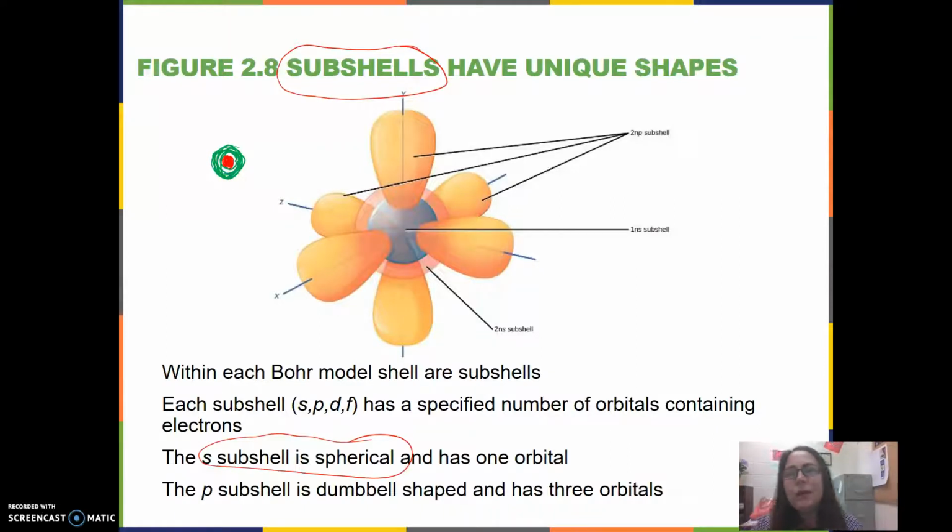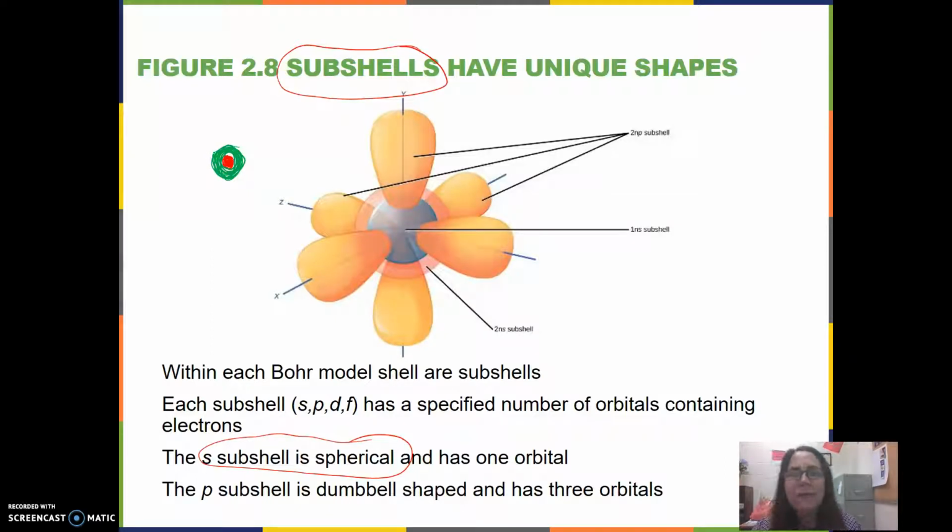An electron is not going to orbit around the nucleus like planets orbit the sun. Electrons don't move that way. An electron is going to randomly move very, very fast, and we can't predict where it is at any given time. What we can predict is if we were to take a snapshot of an electron, it would most likely be somewhere in this green region.